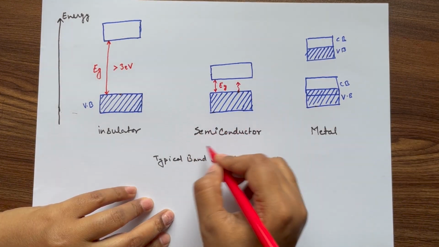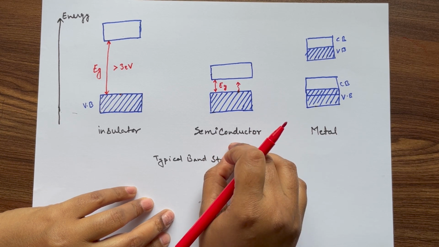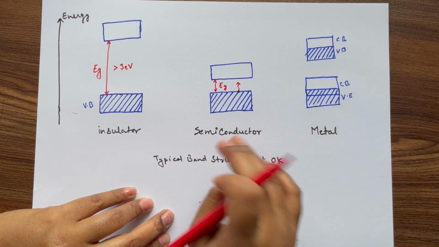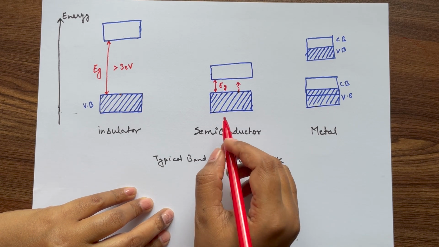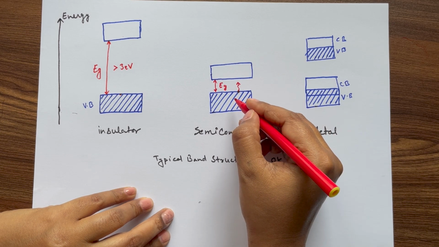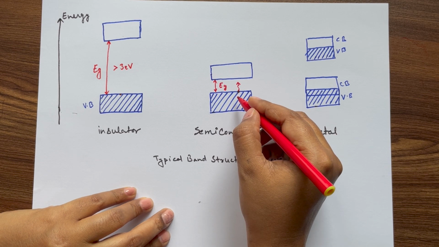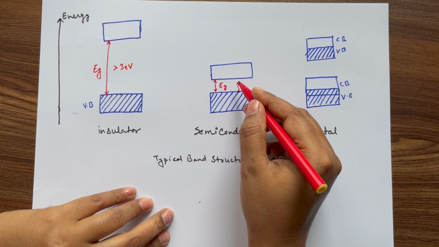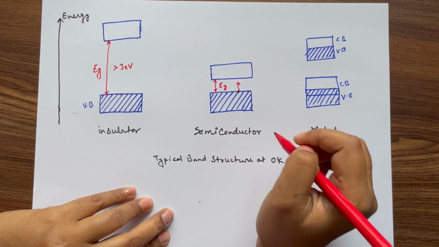The semiconductor materials are very important and vastly used in electronic devices because they can act as insulator as well as metals. So at 0 Kelvin, we have a semiconductor as an insulator. This is because the electrons in the semiconductor do not have enough thermal energy to overcome the energy gap and move to the conduction band, and it prevents the electrical conduction in the semiconductor.